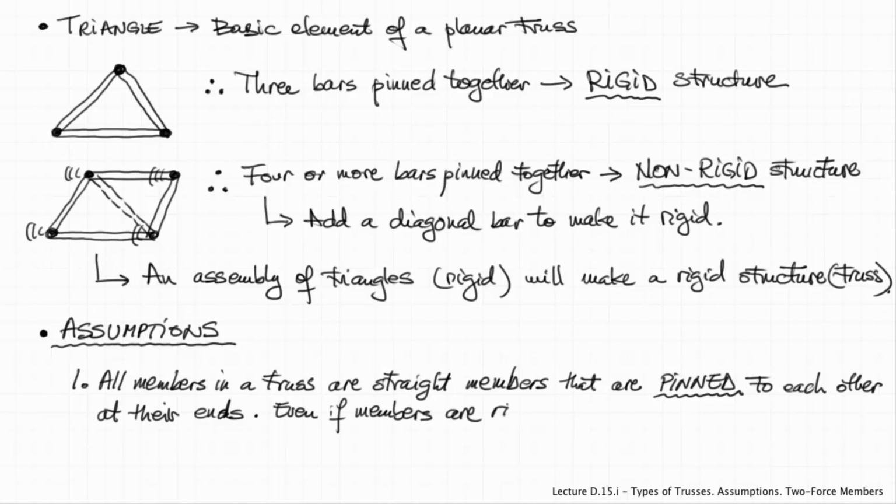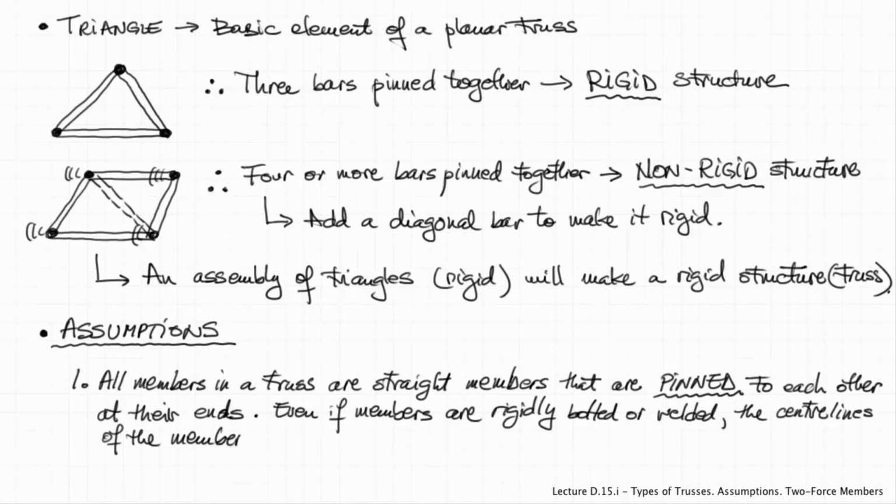Then that point of intersection will act, as you can imagine, as a particle. So all these members intersect at a point. They join into a particle. So that joint is like a particle.